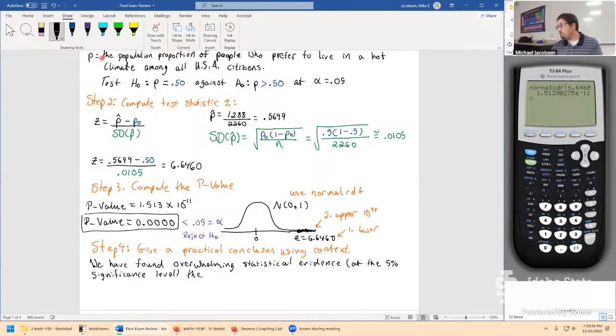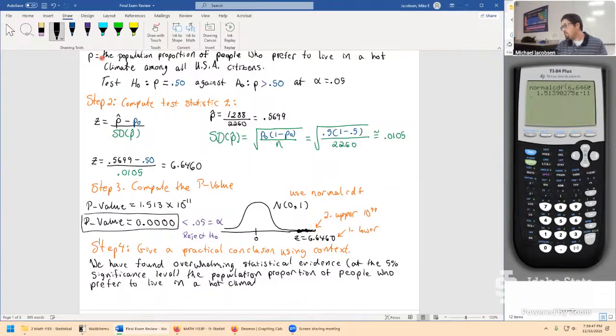The population proportion of people who prefer to live in a hot climate among all USA citizens.